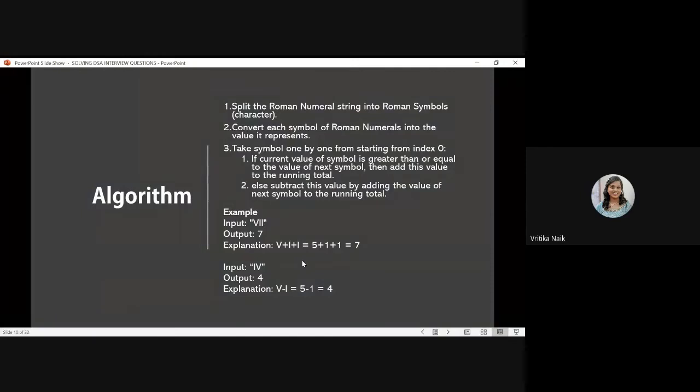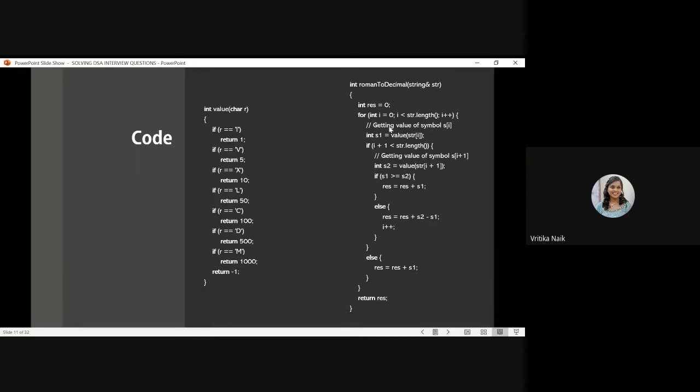Great. So let's go to the code. My code is in C. It's just an example. You can choose the programming language of your choice. Remember, it's always the algorithm that you need to understand. The code can be in any language. Here we take the Roman numeral.